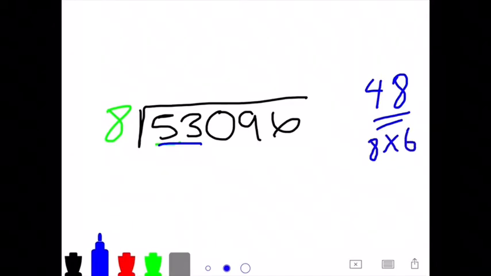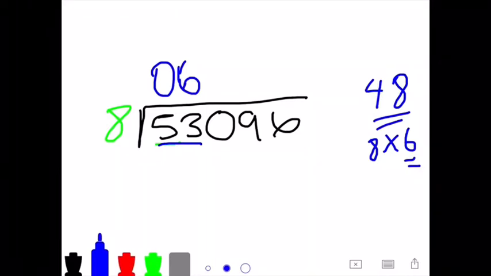No, what am I saying? 6 times. So the closest number is 48, which is the multiple 8 times 6. So therefore, you put the 6 on top, and then you subtract 53 minus 48.